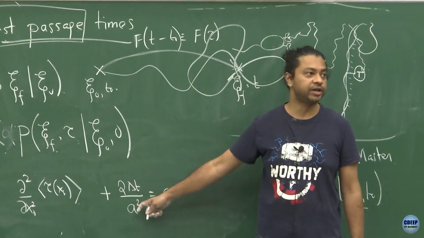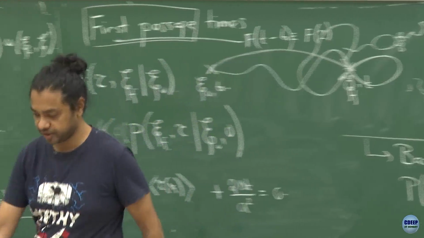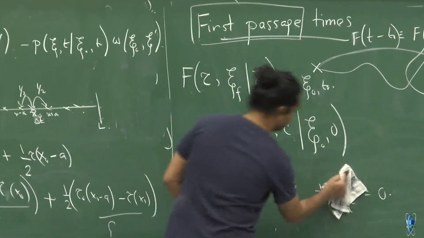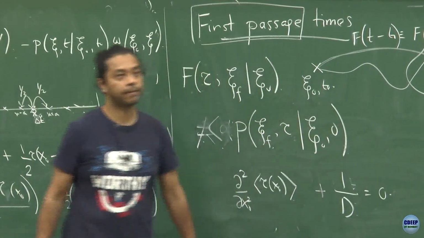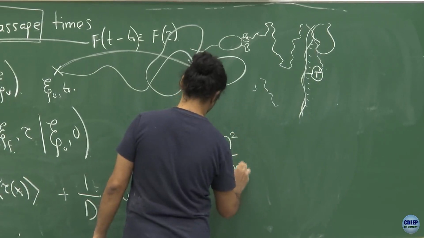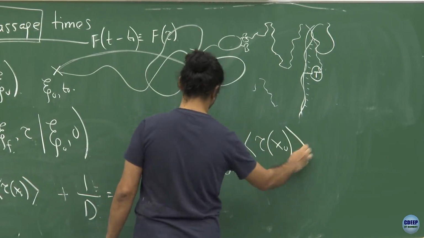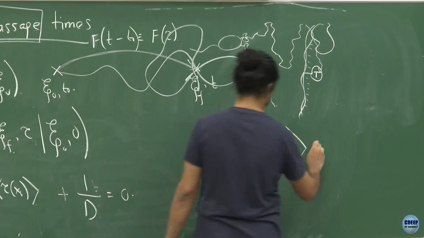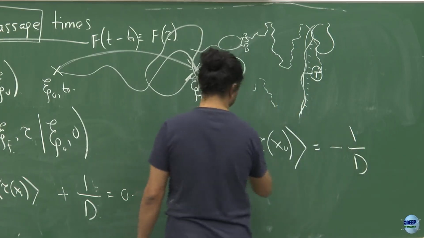A square by 2 delta t is D. For the diffusion equation, this is nothing but 1 by D. So del 2 del x naught square of the mean first passage time starting from this state x naught is equal to minus 1 over D.